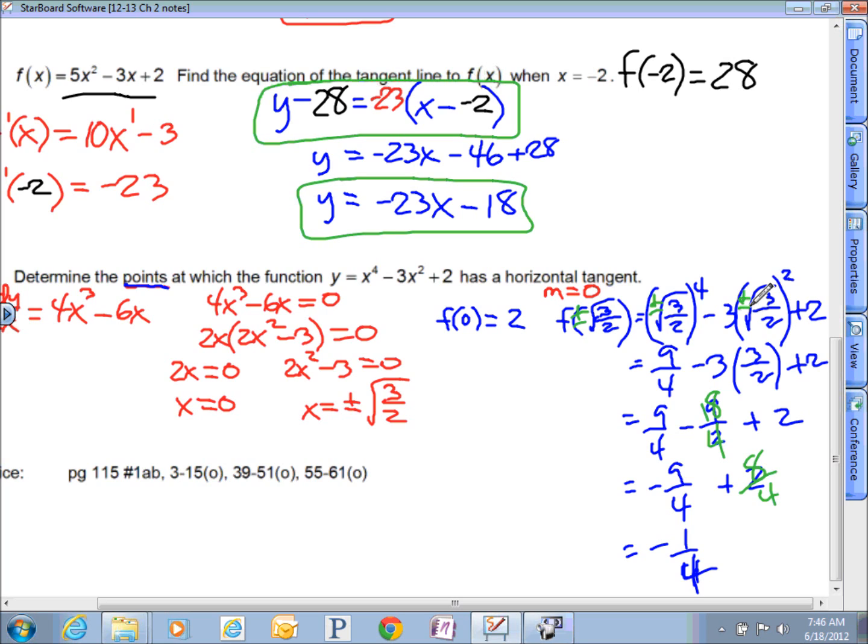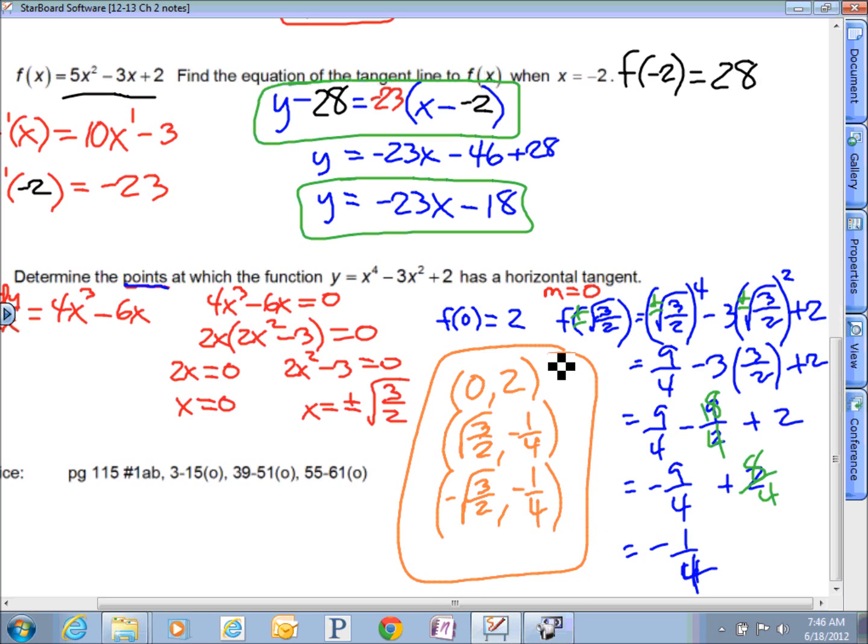My horizontal tangents are happening at the points 0, 2; root of 3/2, negative 1/4; and the opposite of the root of 3/2, negative 1/4. Now, a lot of times I'll just be asking you to find the x-coordinates where those things happen. But if you need to find the points, just plug them in the function, and maybe it's not as hard as you think.